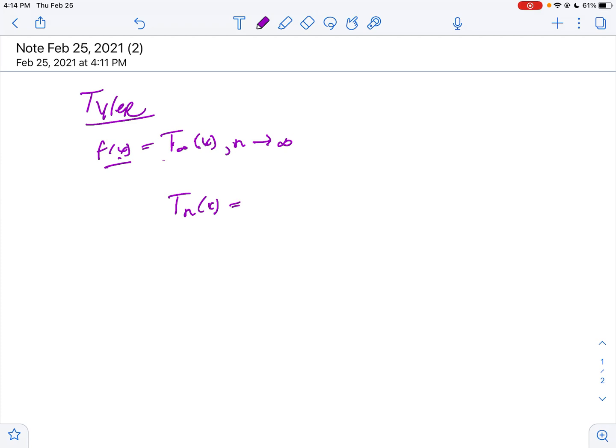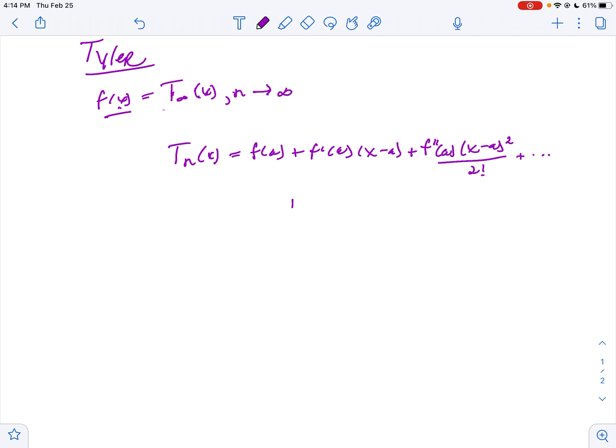So here's our polynomial. We'd have f of a plus f prime of a times x minus a plus f double prime of a times x minus a squared over 2 factorial, and so on and so forth, right? We would go down to plus f to the n of a times x minus a to the n over n factorial, right?